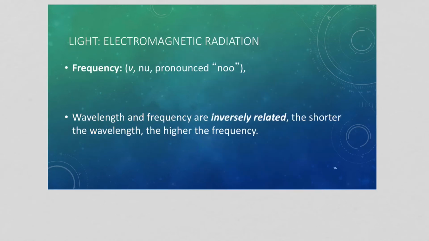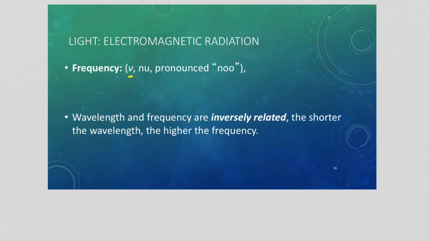Now, another fundamental property of waves that is closely related to this idea of wavelength is what's called the frequency. So the frequency is symbolized by the Greek letter nu, which kind of looks like an italicized V, right? But it's pronounced nu.